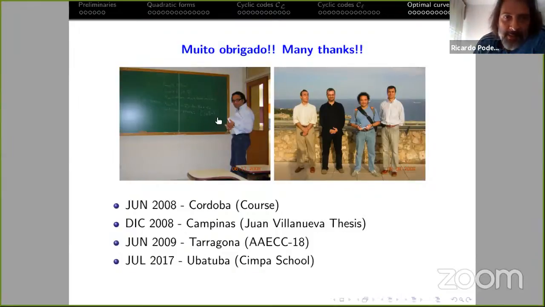Here, this picture is taken in 2008. We invited Fernando to give a course on curves, maximal curves, AG codes in Córdoba, and then I was at Juanito's thesis defense in Campinas.